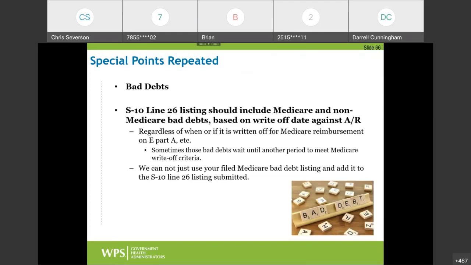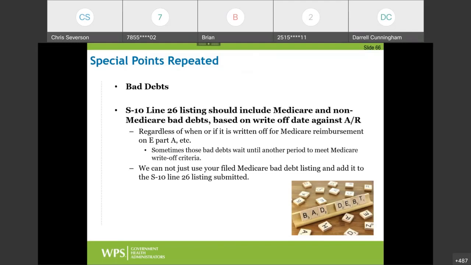Bad debts, I think I repeated this before as well. Two different things. First of all, again, some of those Medicare bad debts that are on line 26, line 26 has to be Medicare and non-Medicare. Don't just report non-Medicare and then expect us to take a Medicare bad debt listing that you filed and add it, because that Medicare bad debt listing may not actually be the amount of Medicare bad debts that need to go in line 26.